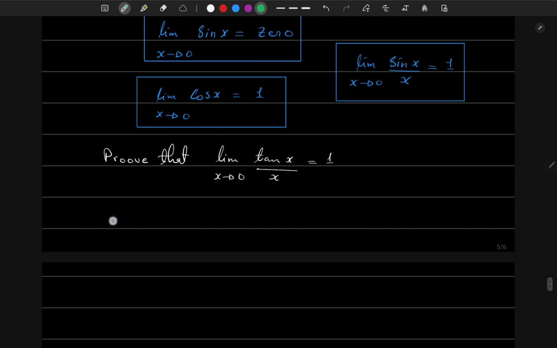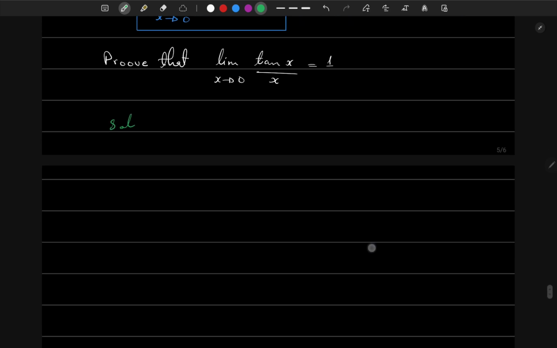Well, tan x over x equals sine x divided by cosine x, and this is divided by x, or multiplied by 1 over x. So it equals sine x divided by x cosine x.